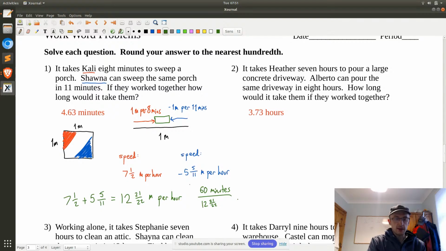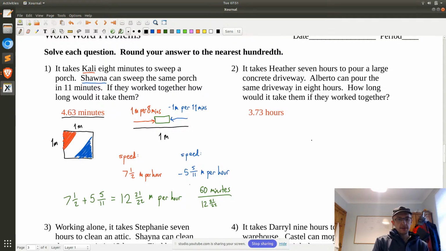So on the calculator, you type in 60, you divide it by, then you have the fraction button. So you do shift, and you press the fraction button, and then you will get a mixed number. 12, 21 on the top, 22 on the bottom, and we get the number that we're aiming for, which is 4.63 minutes.